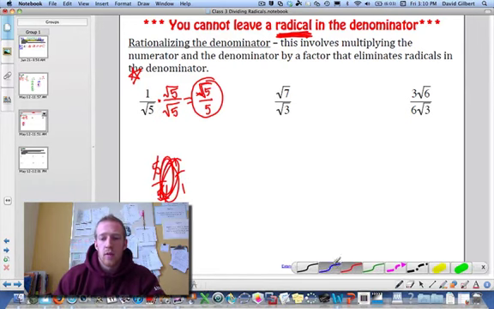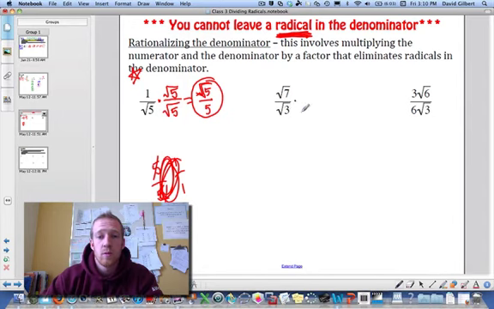Now, here we've got root 3 on the bottom. So what should we multiply? It's root 7 on the top, but I don't care. I'm going to do a root 3 over root 3. Because root 3 times root 3 gives me a plain old 3 on the bottom. And back to class 1 that we talked about simplifying radicals, root 7 times root 3 is going to be root 7 times 3.